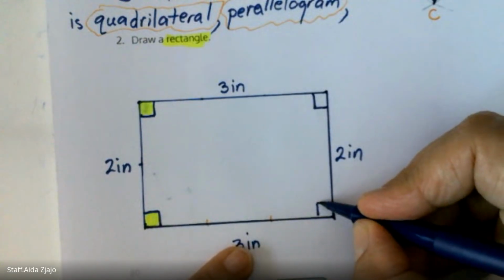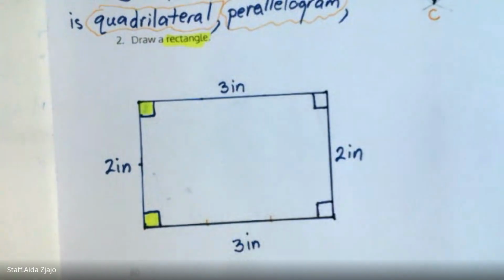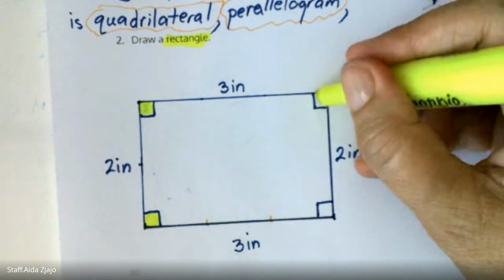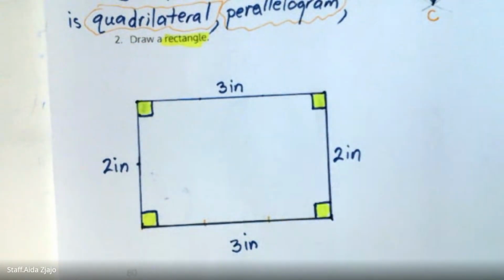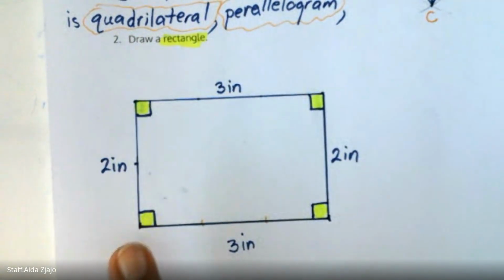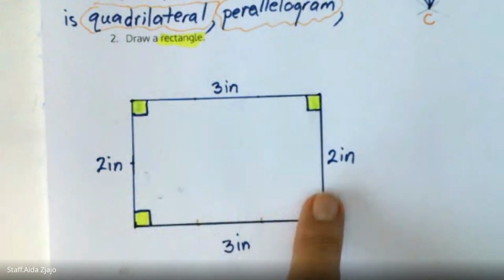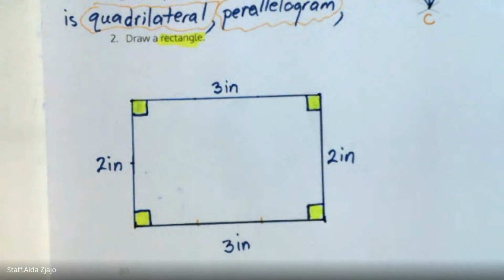We label a right angle like this. When you see the symbol of a little square, it means that is a right angle. It is 90 degrees. 90 plus 90 is 180, plus 90 is 270, plus 90 is 360 degrees.